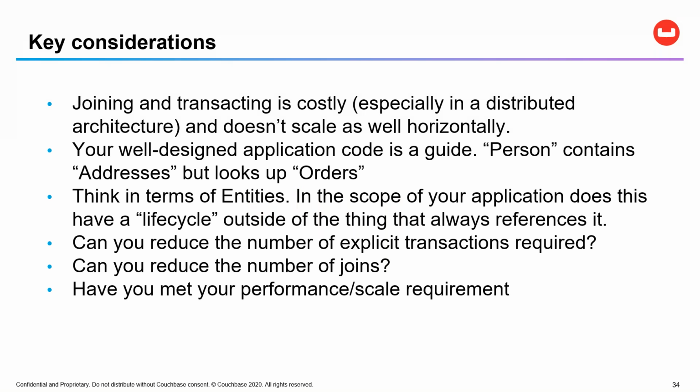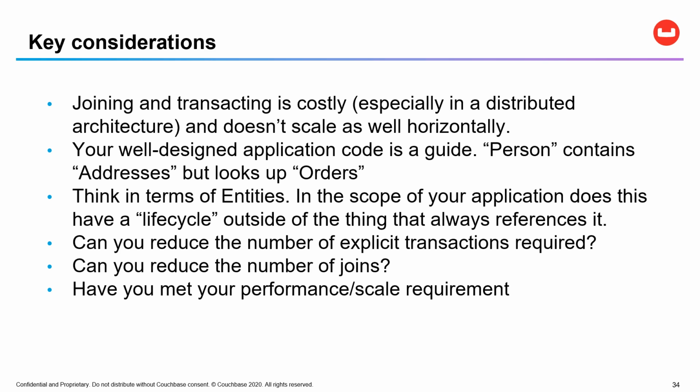The first consideration is that joining and transacting is costly, especially in a distributed architecture, and it doesn't scale as well horizontally. Since JSON documents can embed related information in the construct of a record, you should really consider minimizing joins by eliminating disparate tables and incorporating the detail directly to the record.